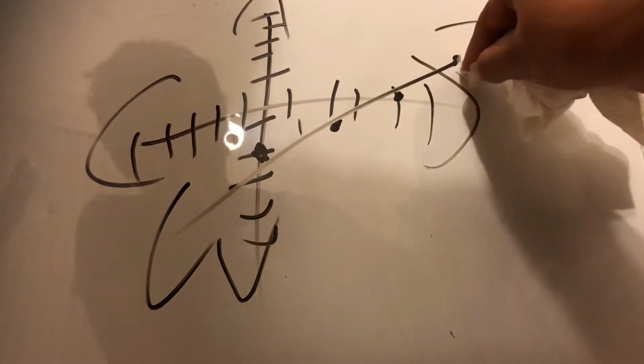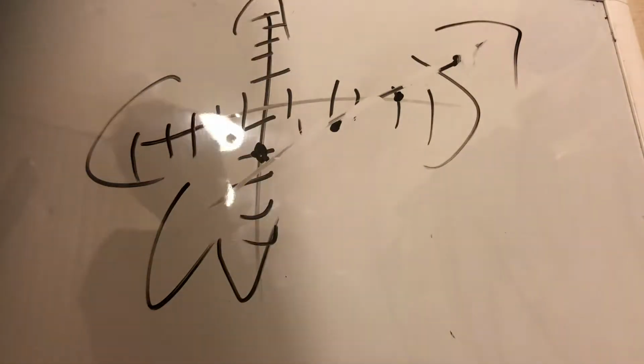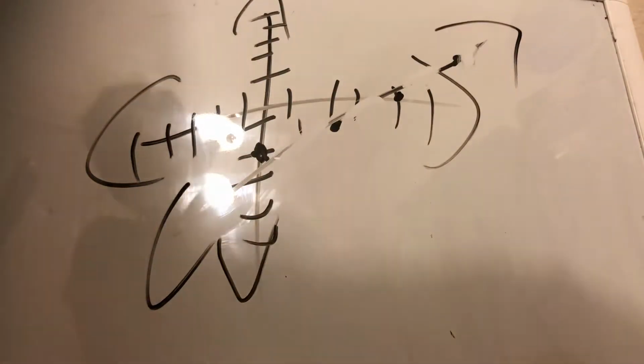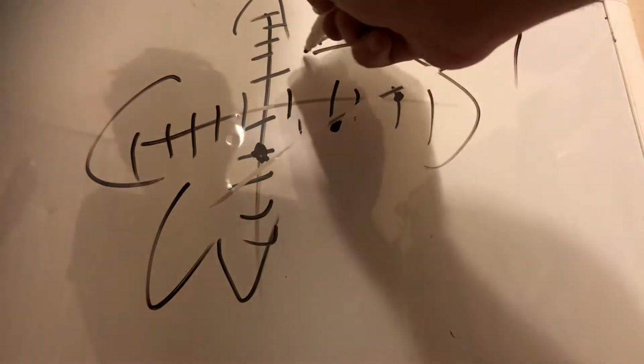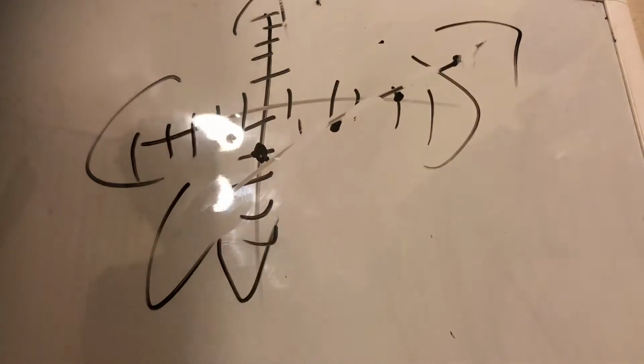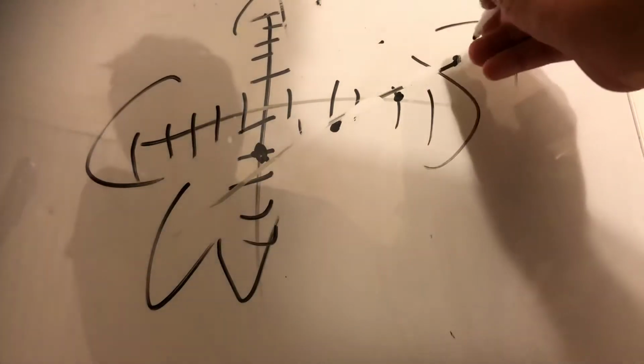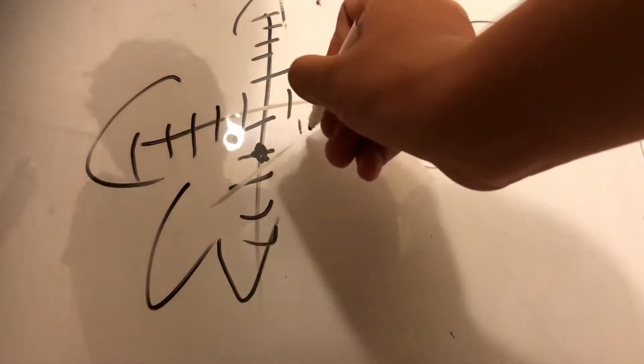I shouldn't draw an ordinary line here because this line represents that the answer is equal to the other answer, but all these points aren't equal to each other, so we need to draw a dash.